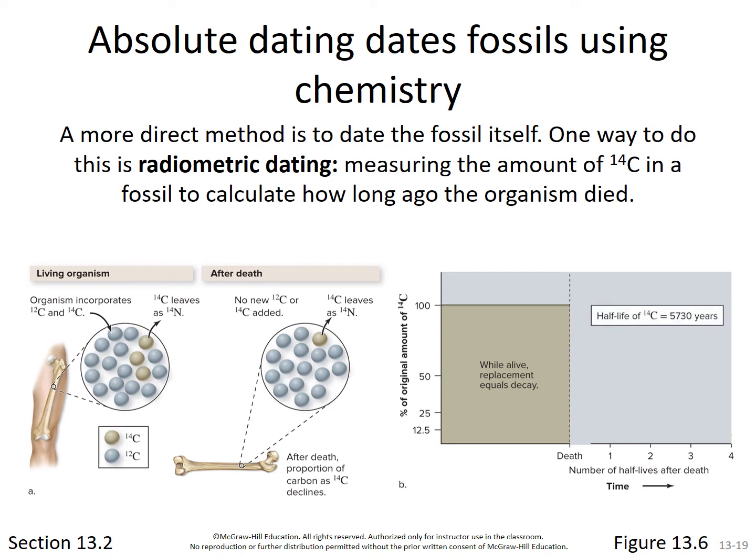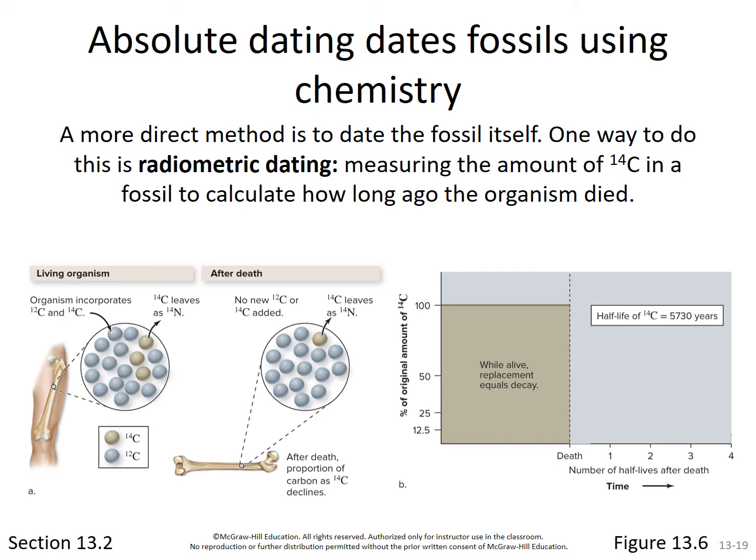So the half-life of 14 carbon is about 5,730 years. A half-life is the amount of time that it takes for half of the carbon 14 to decay to 14 nitrogen.